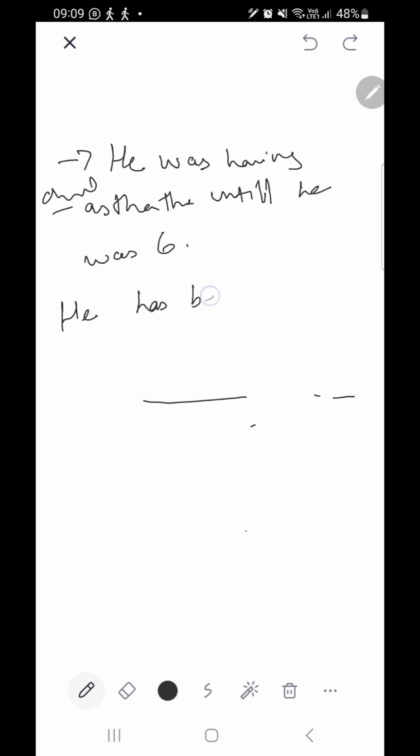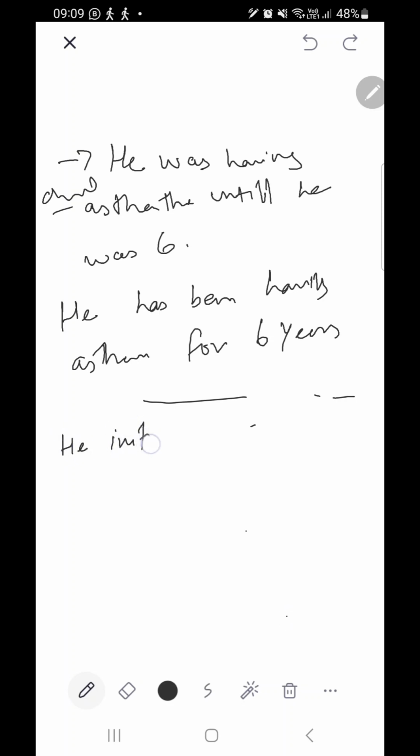Let's say "He has been having asthma for 6 years" can be written interchangeably. And let's say if you can write it down, "He initially visited my GP in 2001."